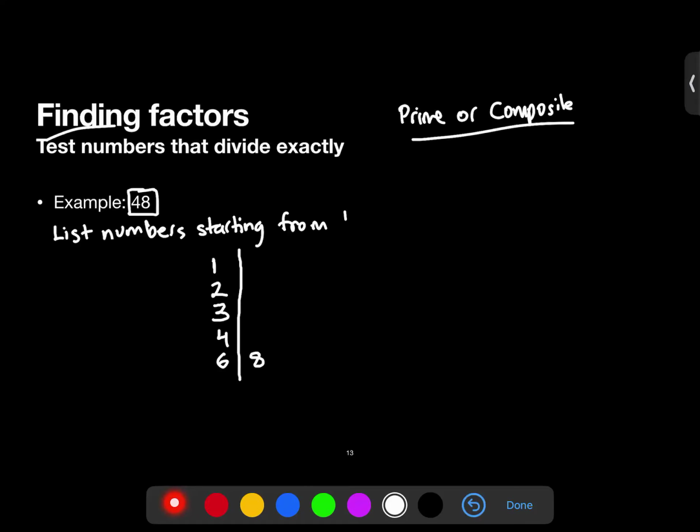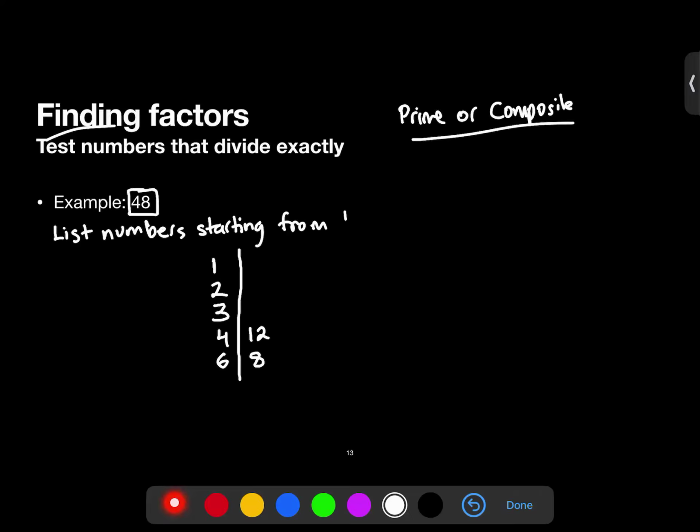So we start with 8. 6 times 8 is 48. Now, what do we multiply by 4 to get 48? 12, correct? So 12 times 4 is 48.